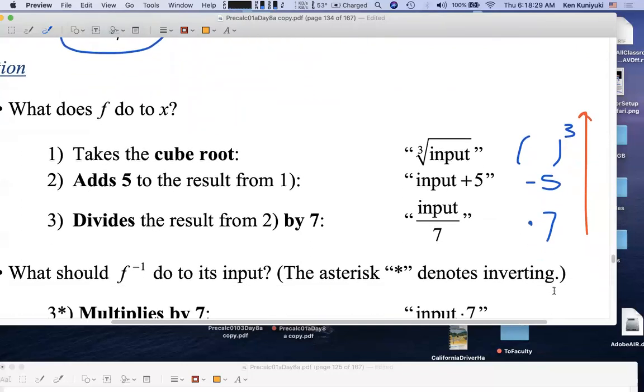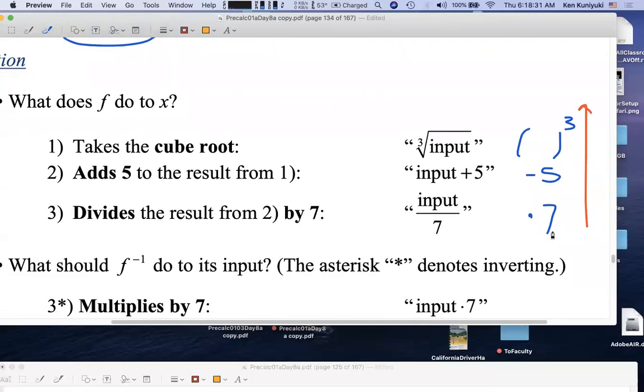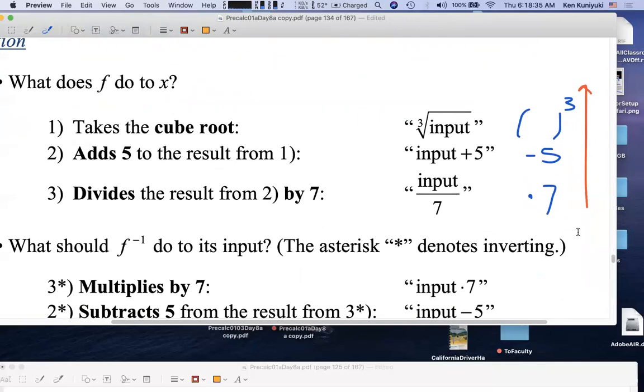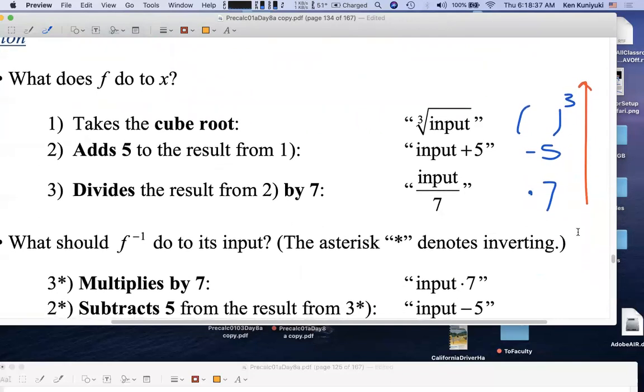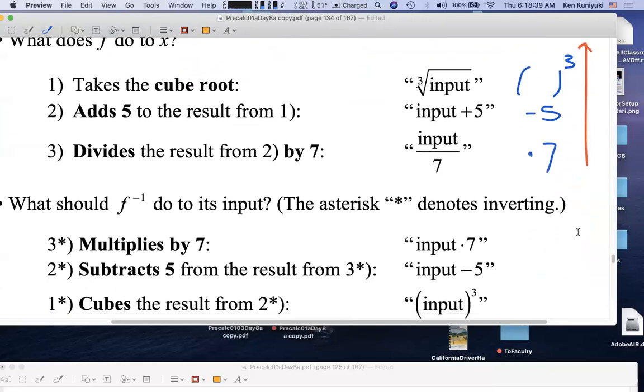So what does f inverse do to its input? You first multiply by 7. Then you take the result, subtract 5. Then you take the result and cube. So we start with x. We multiply by 7. Take the result, subtract 5.